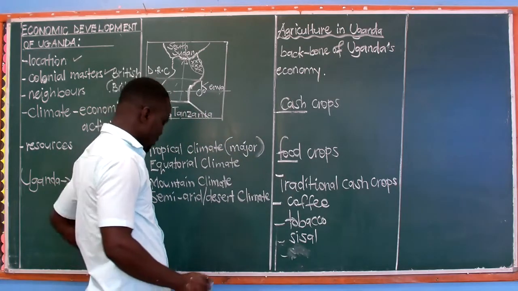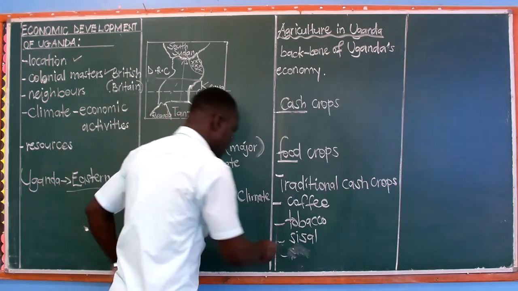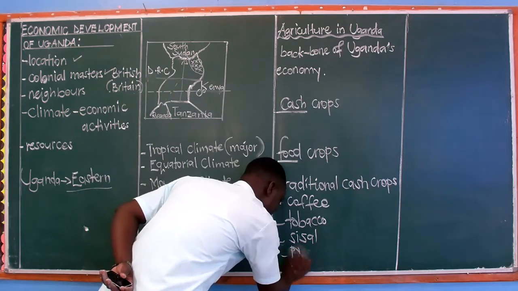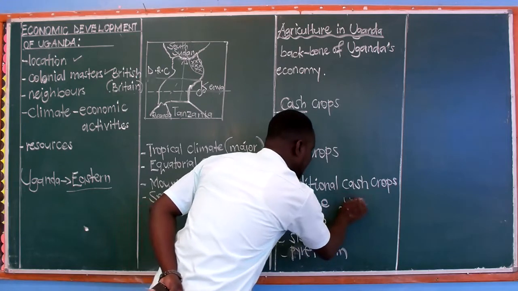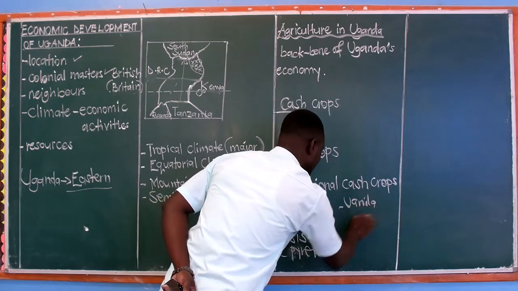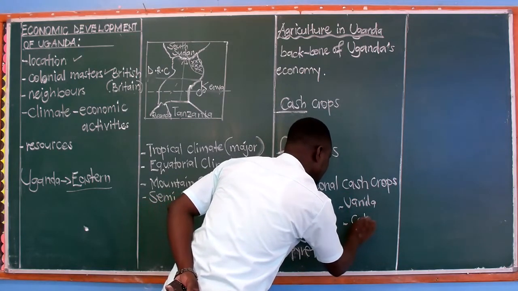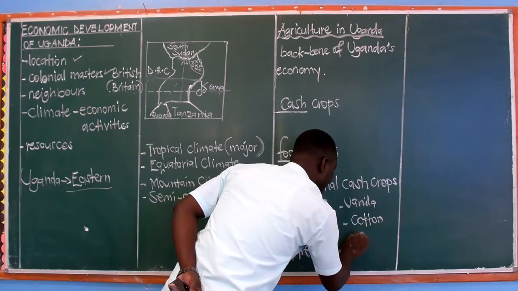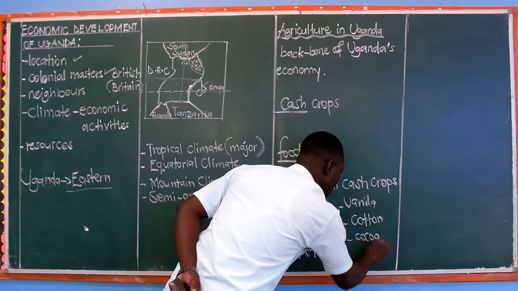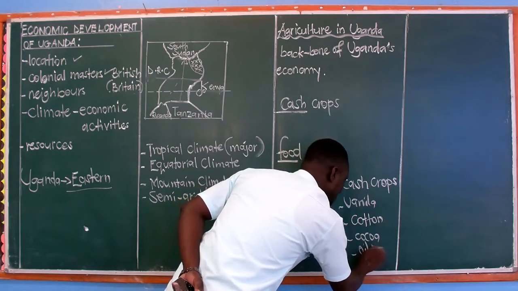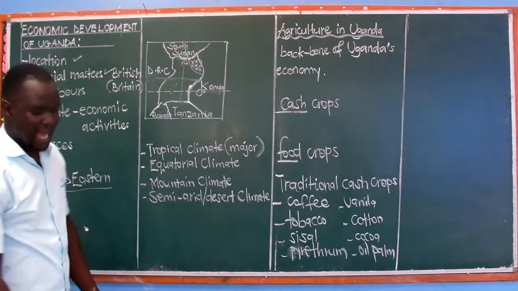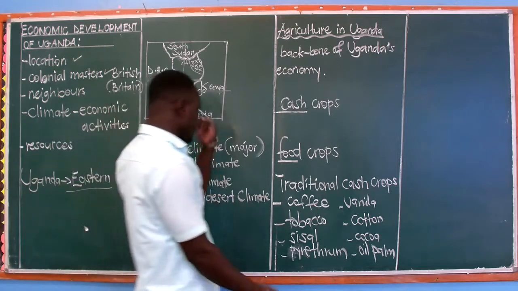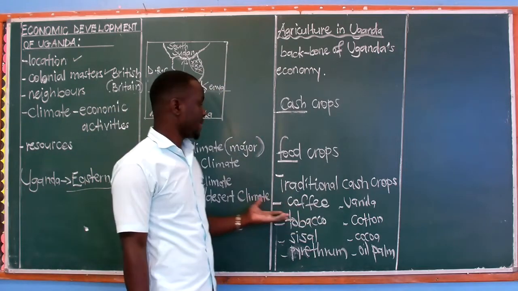We shall have other crops. We have sisal, we shall have pyrethrum, we shall have vanilla, we shall have cotton here, we shall have cocoa, we shall have oil palm, that we say is grown in Kalangala mainly, and other crops that we may not be able to put all here.